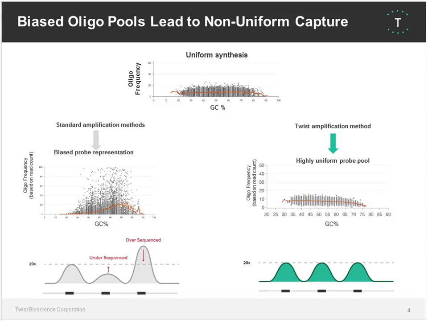Conversely, on the right, Twist Bioscience has come up with a proprietary method to maintain the uniformity from the seed synthesis through amplification into the oligo pool, so that you have that uniformity translated from seed to pool, and as a result, a more uniform capture pool translates into more uniform sequencing.